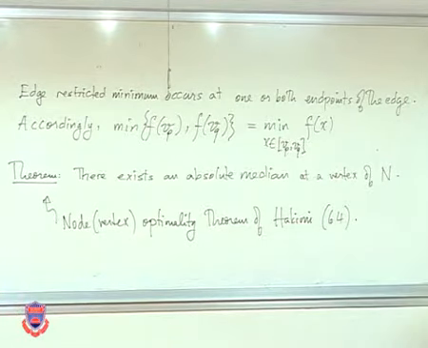Proved back in 1964. Hakimi did not state the theorem in this way. Rather, he said that the absolute median occurs at a vertex. That's how he stated it. It's incorrect.